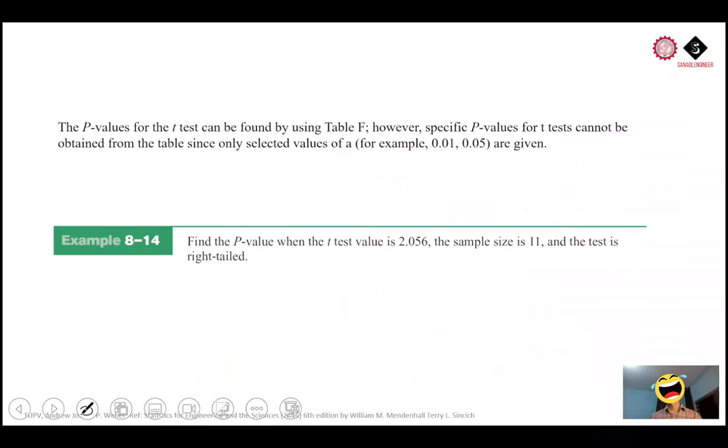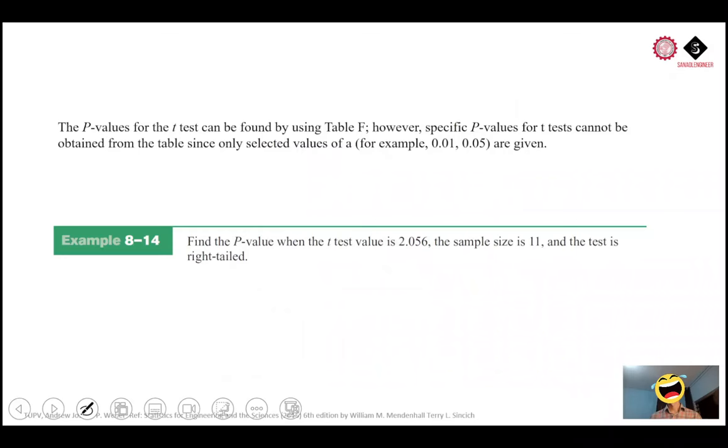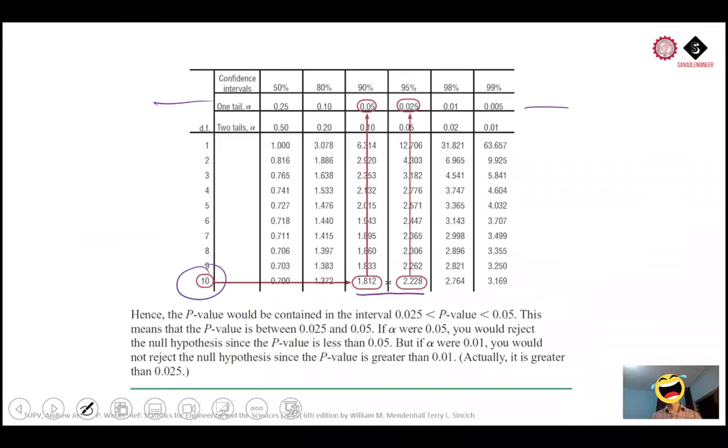So 2.056 falls within the range between 1.812 and 2.228. So at degrees of freedom of 10, and since it is right tailed, we're going to use this row, one tail, and alpha is not given. So no use for alpha because we have the horizontal, which is in one tail.